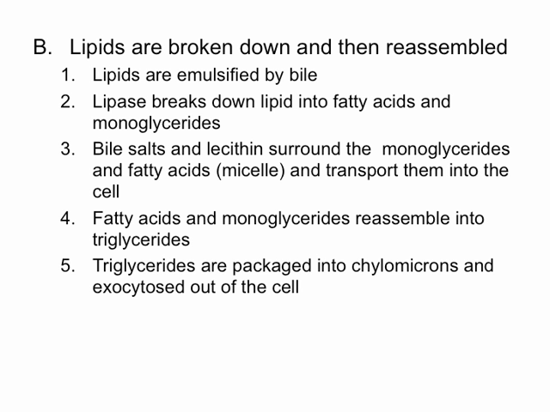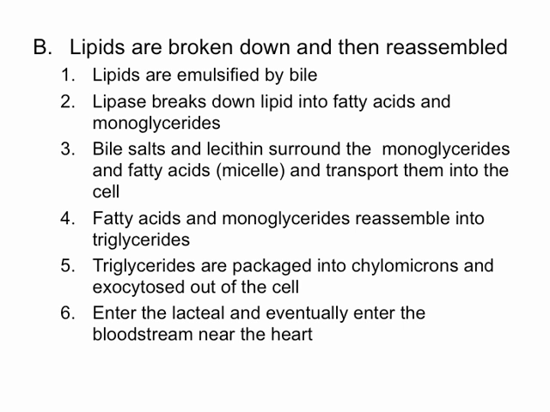The chylomicron is then exocytosed out of the cell. They then enter the lacteal, the lymphatic capillary, and eventually they'll be dumped back into the bloodstream somewhere near the heart.